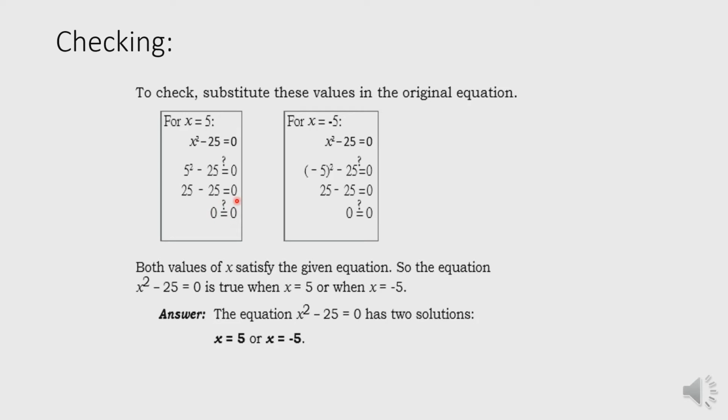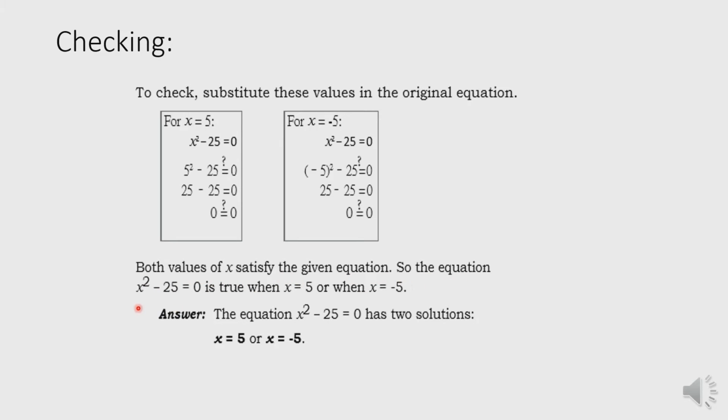That makes the statement true when x is 5. Same thing if x is negative 5, you have to substitute it here to make 25 minus 25 equals 0. So both values of x satisfy the given equation.